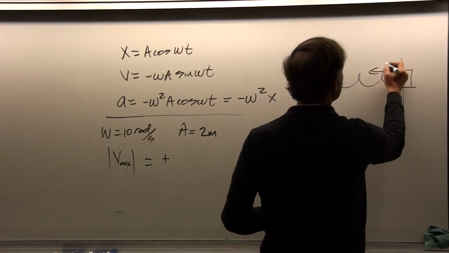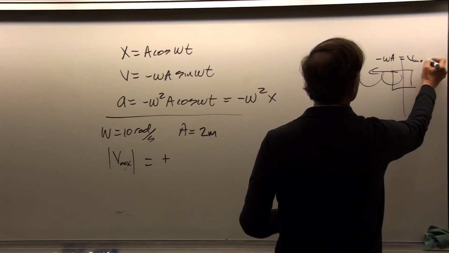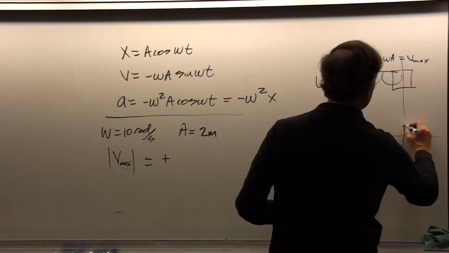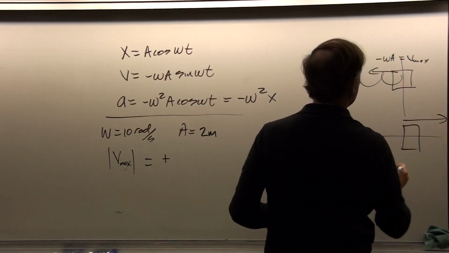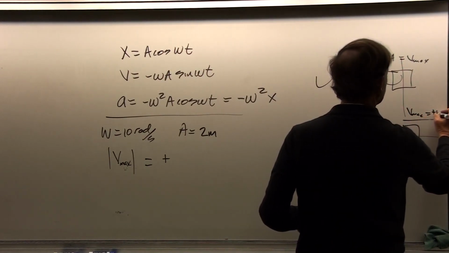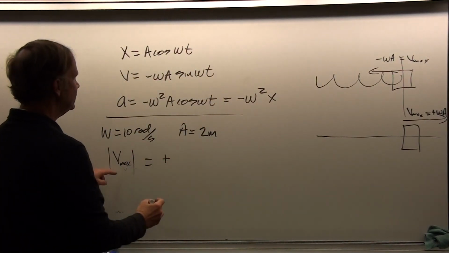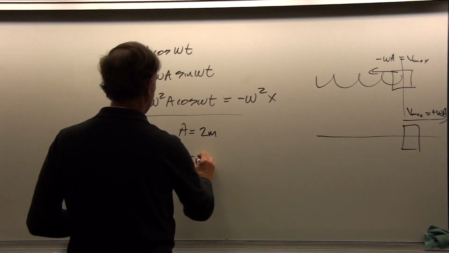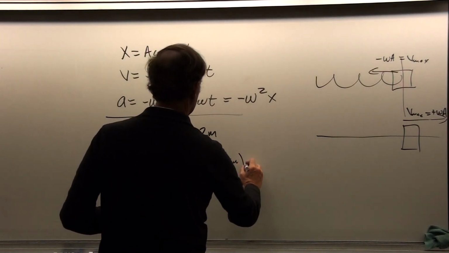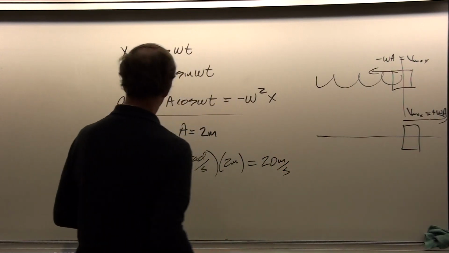When it's moving this way, it would be minus omega A equals Vmax. But then it reaches this point and then moves back out again. So when it's on its way back out, Vmax would be plus omega A. But in either case, the magnitude of Vmax would be 10 radians per second times 2 meters, and that would give us 20 meters per second.